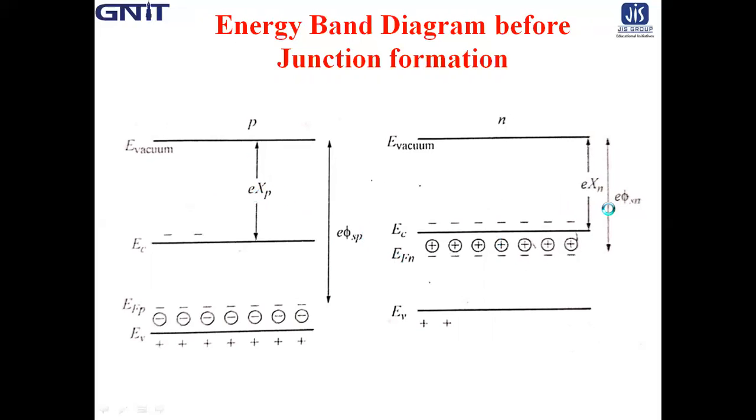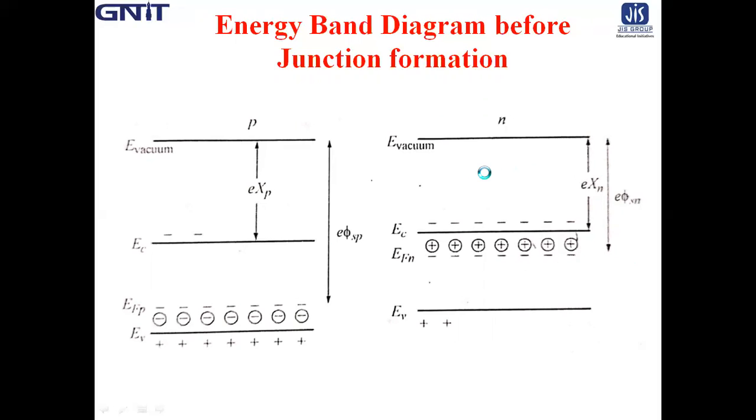Whereas EφSP and EφSN are called work functions that represent the energy difference between Fermi level and vacuum level. See in the figure, this is work function for P type and N type, energy difference between Fermi level and vacuum level.